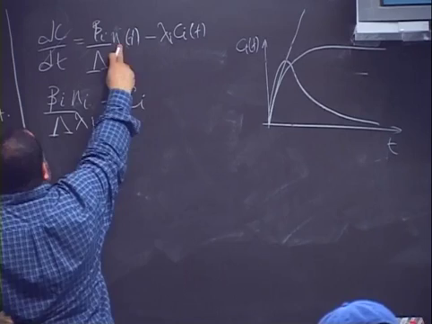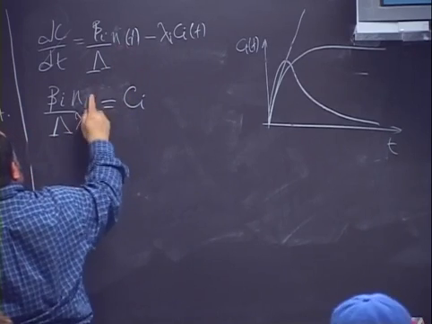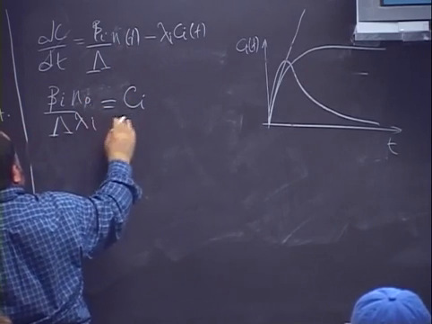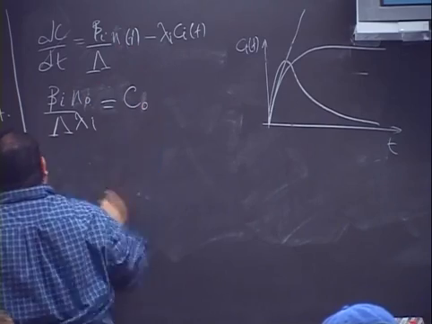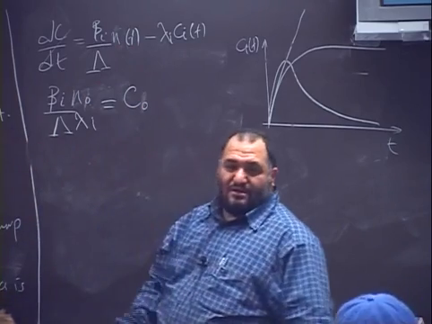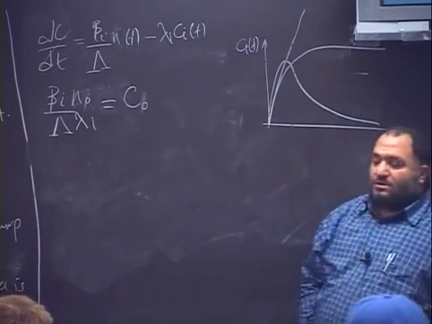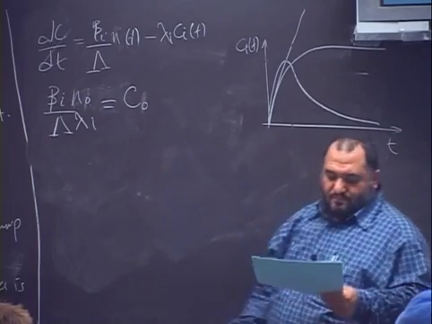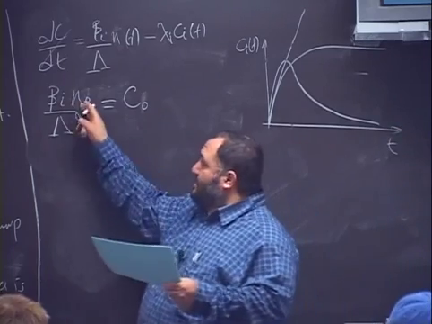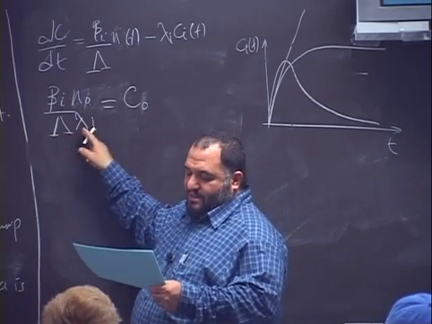Now this is n of t, and at equilibrium, this is the value just before you jerked your source, the value for C naught. So it is beta i n naught divided by gamma lambda i.